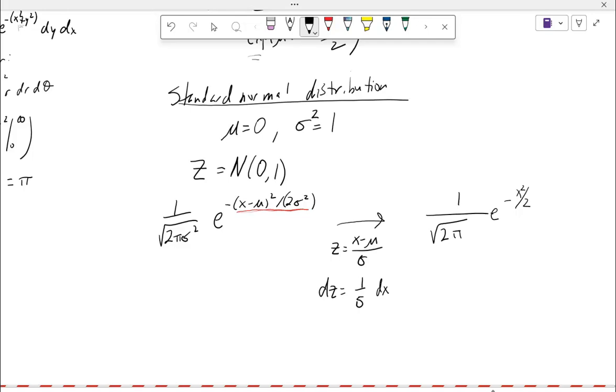So it's this substitution right here that allows us to change from any normal distribution to a standard one. That expression we typically refer to as a z-score. If you've done any statistics, you've probably computed z-scores. So this is called your z-score.